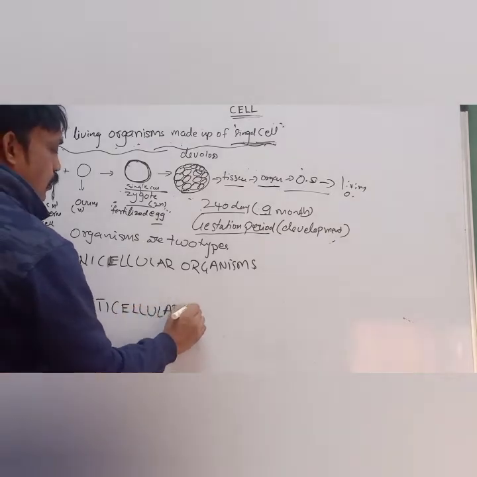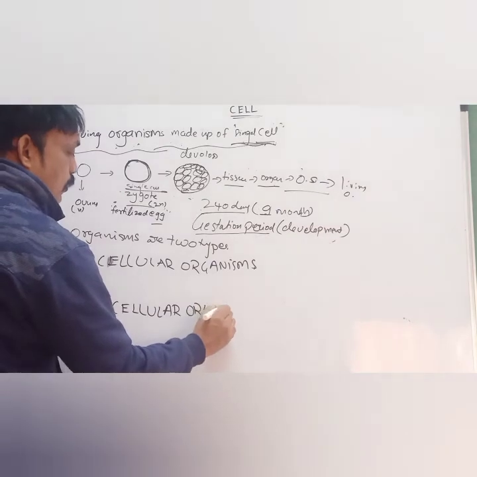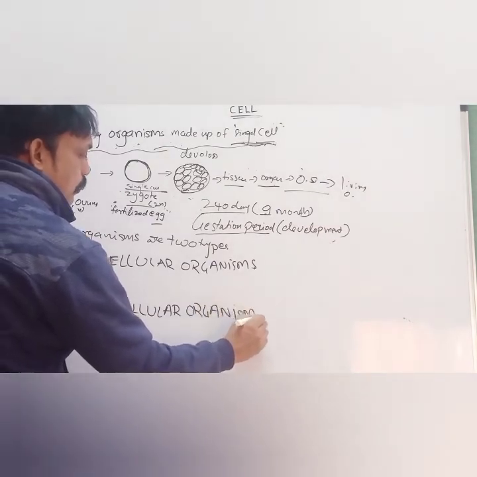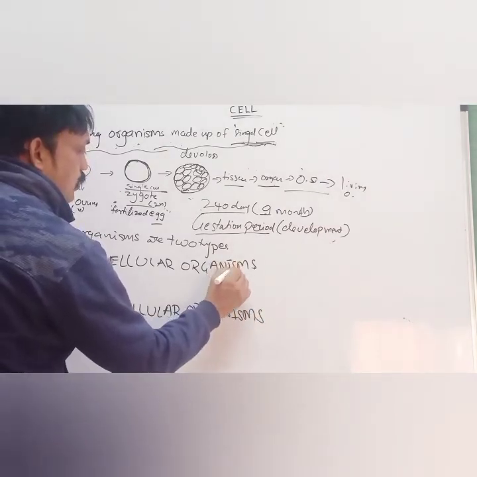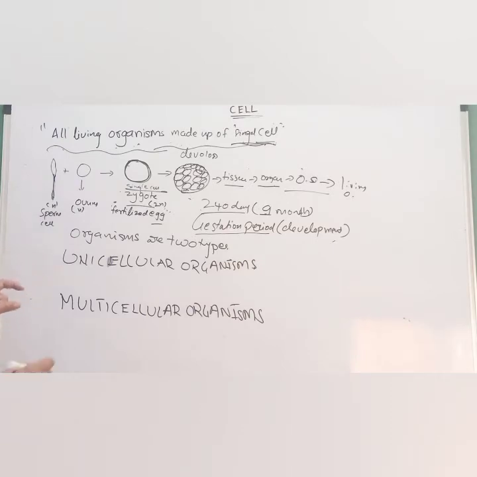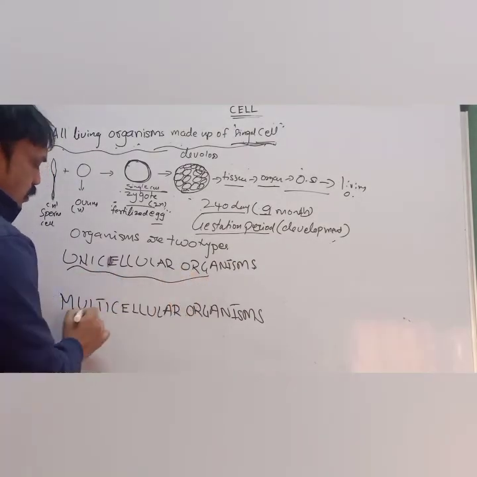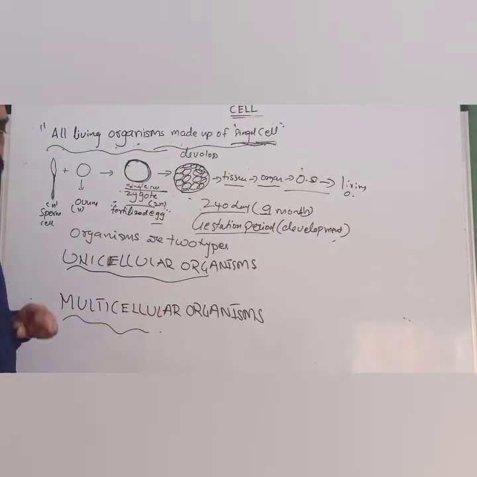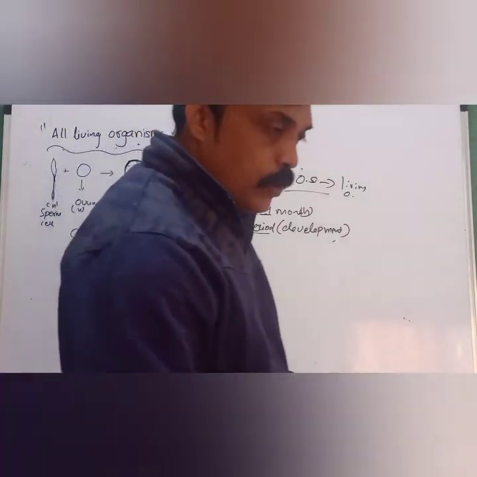These are also very important. Now, what is a unicellular organism? What is a multicellular organism? This is very important.